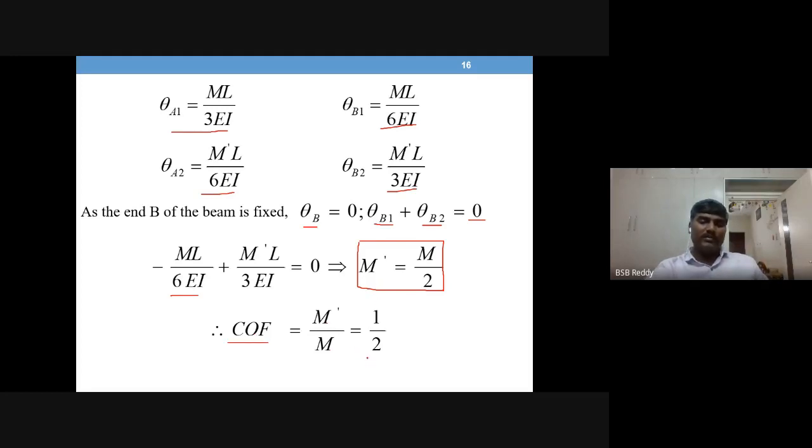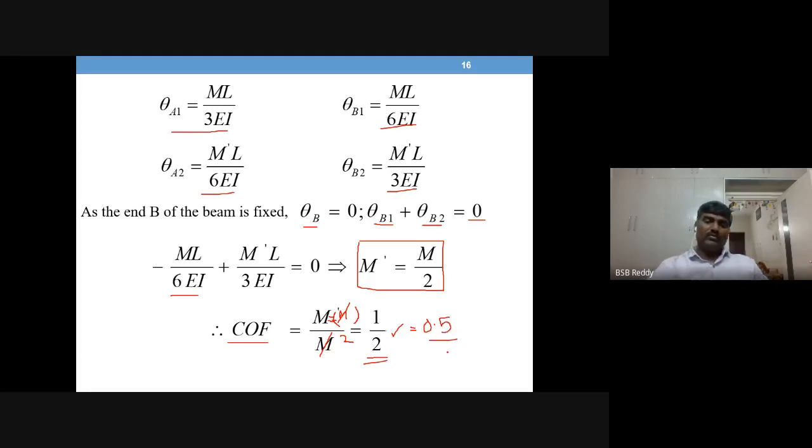M dash by M, and substituting M dash as M by 2, M and M get cancelled, it is 1 by 2. So the carryover factor is equal to 1 by 2, 0.5.